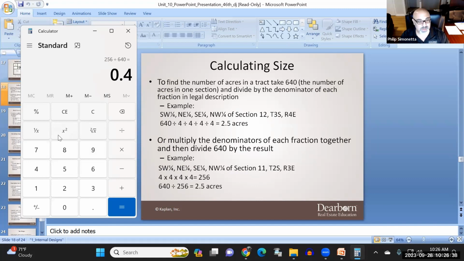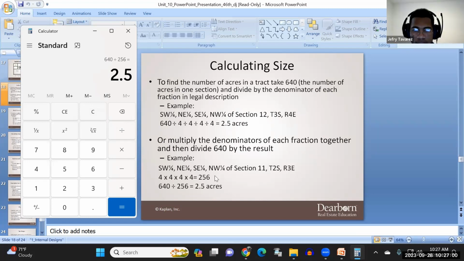You got to go 640 divided by 256. It gives you 2.5. It gives you the same answer. It's just however you want to think about it mathematically. For me, it's easier this way. I just take 640, 2.5. Right? So that's how you calculate that. Okay? Is that good? Clear? Yes, it is good.